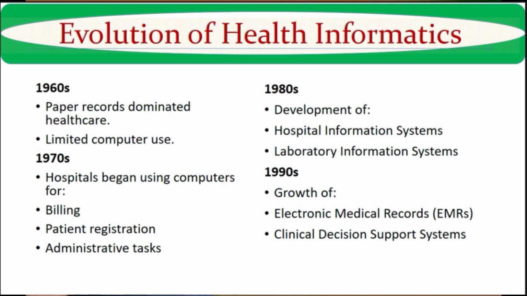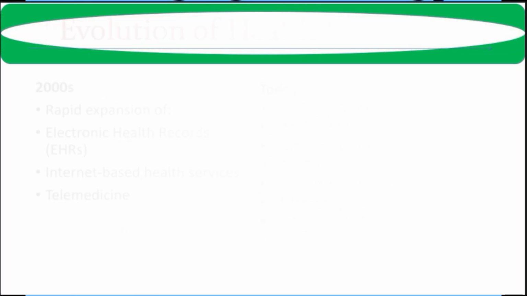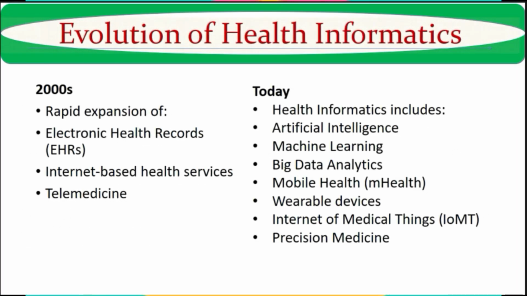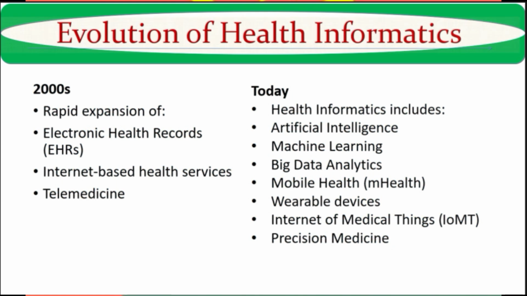Then came the development of hospital information systems and laboratory information systems. Then the growth of electronic medical records, clinical decision support, and the rapid expansion of electronic health records, internet-based health services, telemedicine, and today health informatics includes artificial intelligence, machine learning, big data analytics, mobile health, wearable devices, the internet of medical things, and precision medicine.